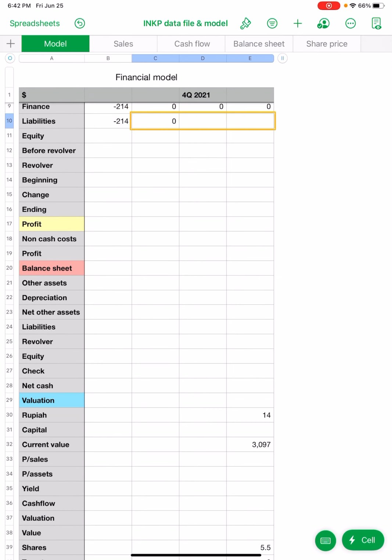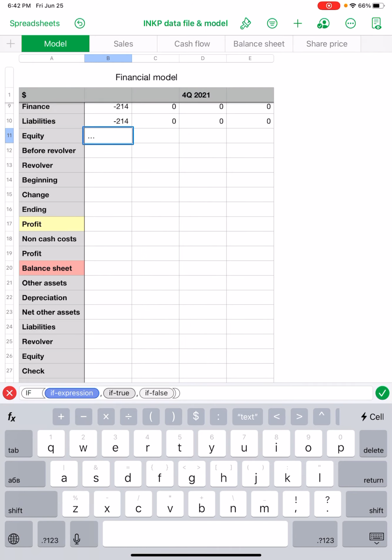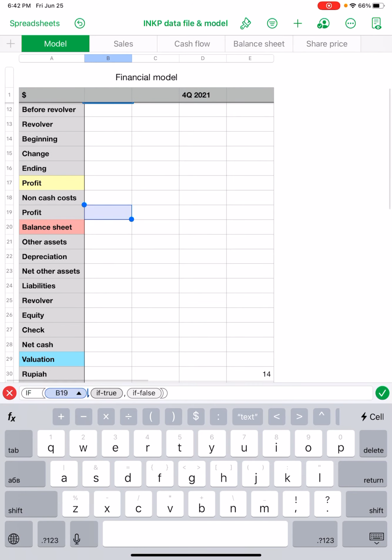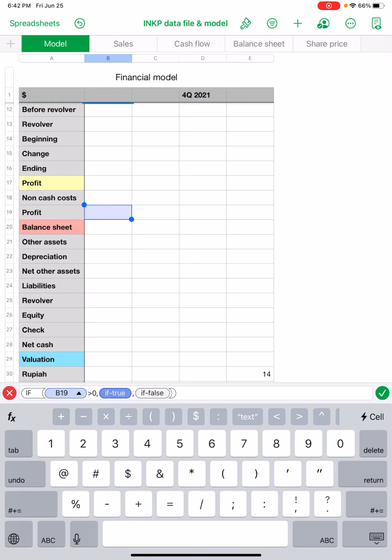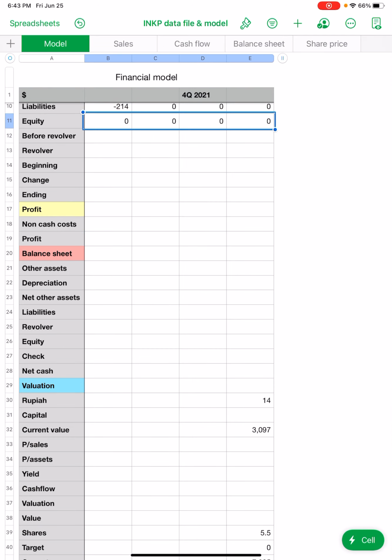We can drag that across. Equity, we assume normally that if the profit is positive, then there's a payment of 30% of the profit. It could be different depending on the balance sheet.